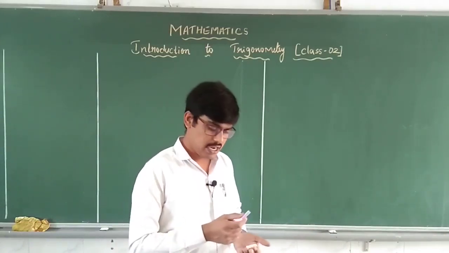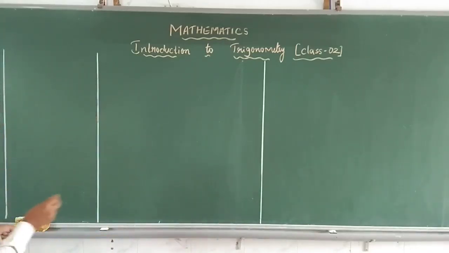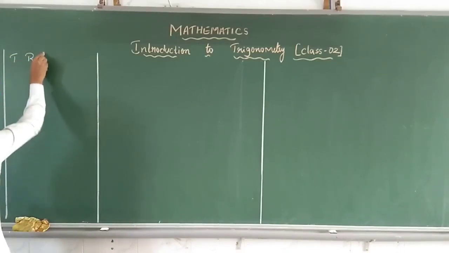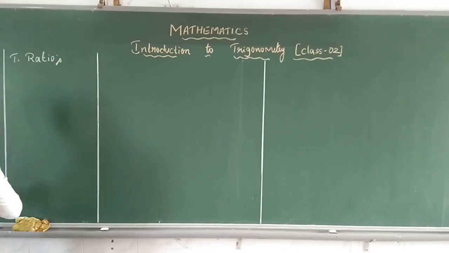First we will write trigonometric ratios for a right angle triangle. So, T ratios, let me write that as T ratios. This is very important.